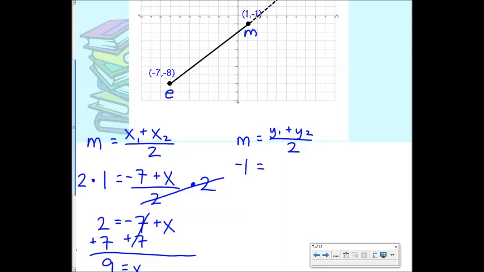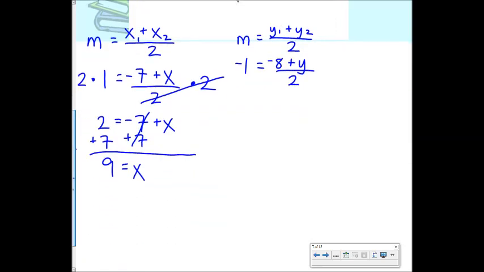What's the first thing I do? Multiply by 2. What is 2 times -1? And then what do I do with the negative 8? 6. So then my coordinate is 9, 6.